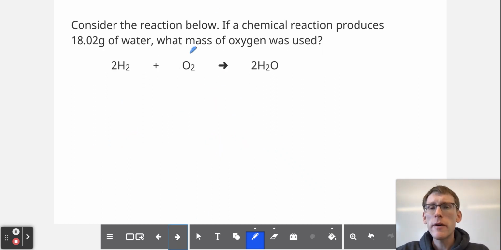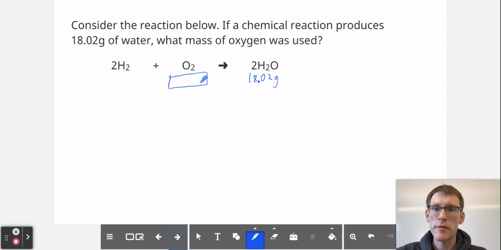Now, that was a very simple mole-mole calculation. What if we have mass? What if we say that we get 18.02 grams of water, not moles, but grams of water. And we're asked about the mass of oxygen that was used. Mass, of course, is measured in grams. So this is what I'm trying to find. I have no way of getting from one to the other directly, but I can go to moles.